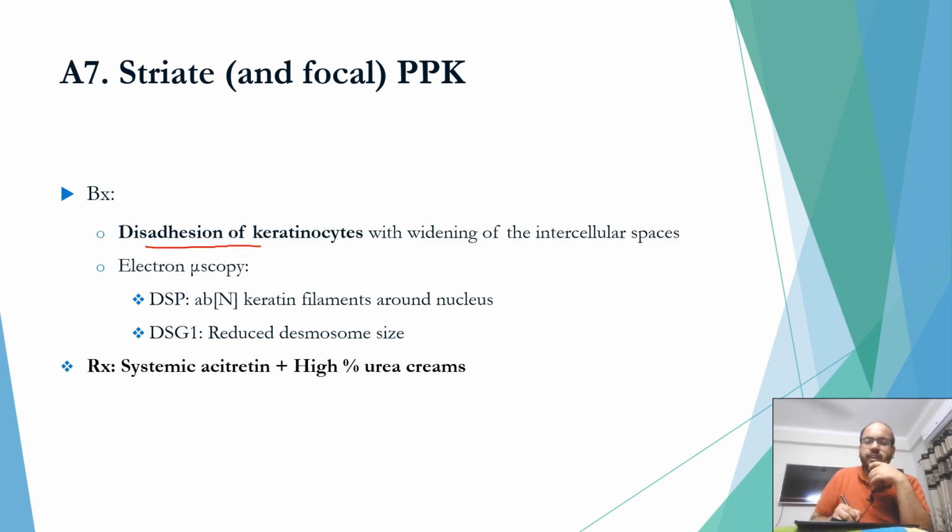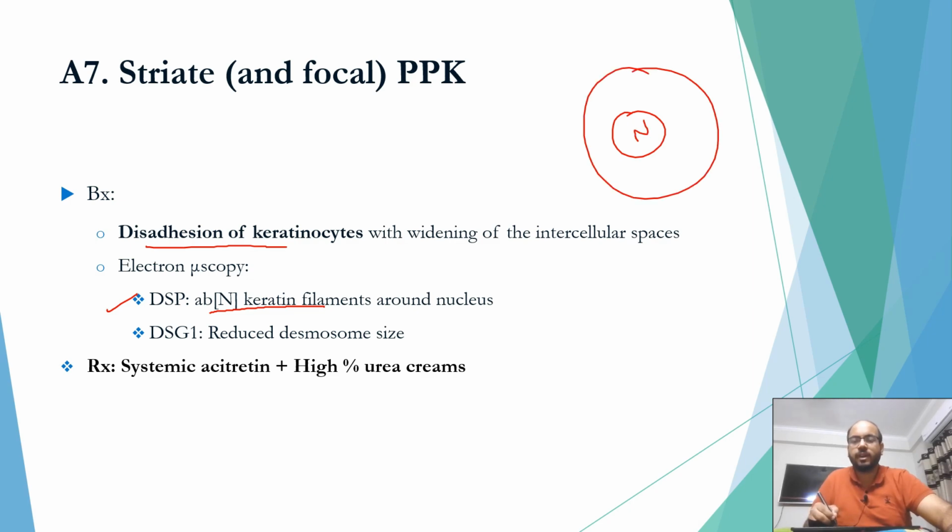Biopsy shows disadhesion of keratinocytes. We have discussed that in the chapter, in the table. If desmoplakin is mutated, in electron microscopy you will see abnormal keratin filaments around the nucleus. Again, remember that you have a nucleus, you have a cell, and then you have the keratin filaments attaching themselves. At the areas where the keratin filaments attach, desmoplakin plays an important role.